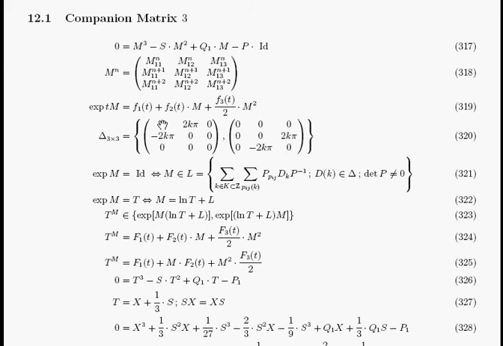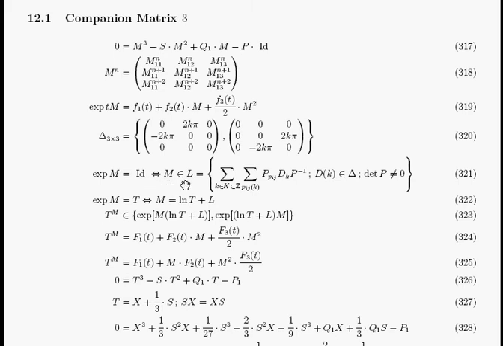Its block must be on the first and second columns or second and third columns, and the third eigenvalue must be 0. Why? Because we are solving exponential of M equals identity. The exponential of 0 is the identity. The exponential of this complex number is 1.